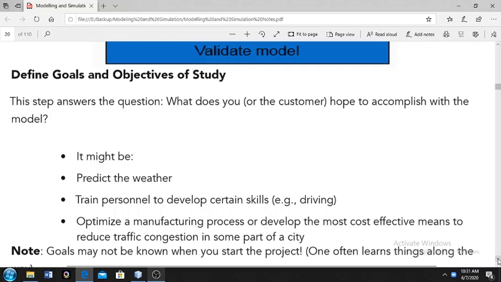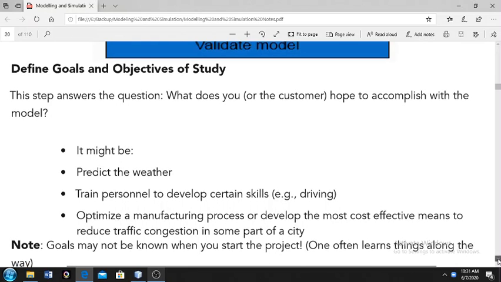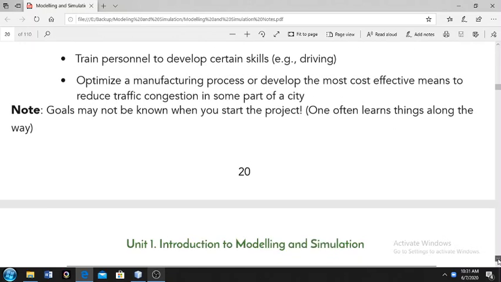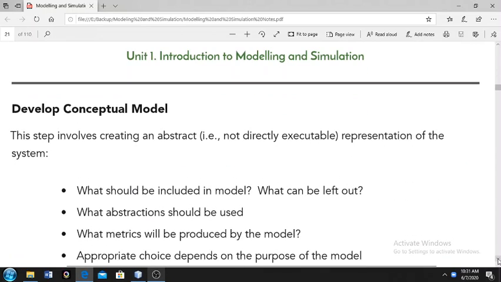Now, what do you want to study? It might be to predict the weather, to train personnel to develop a certain skill like driving, like piloting. So you need to know what you want. And then develop a conceptual model.